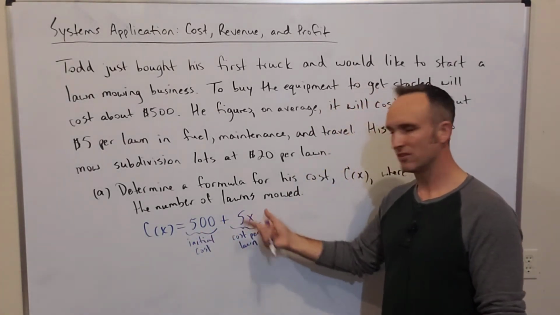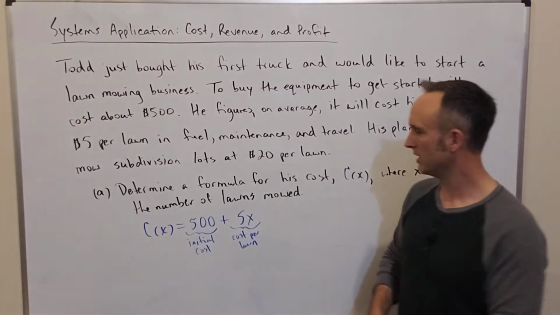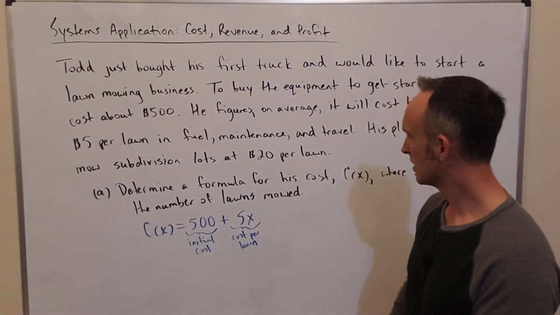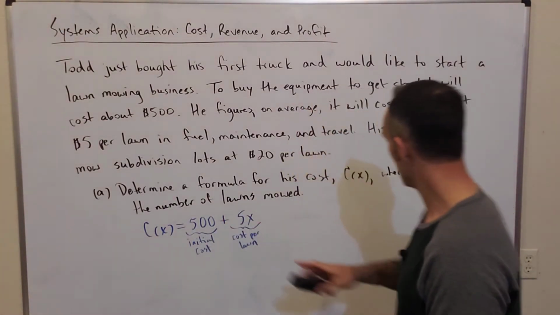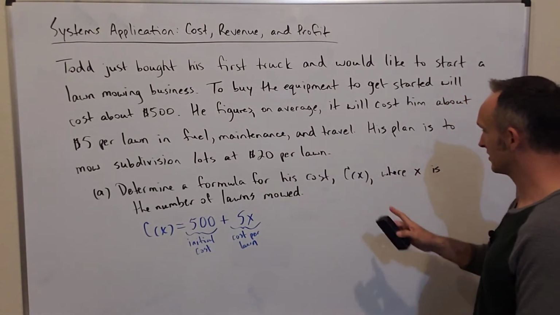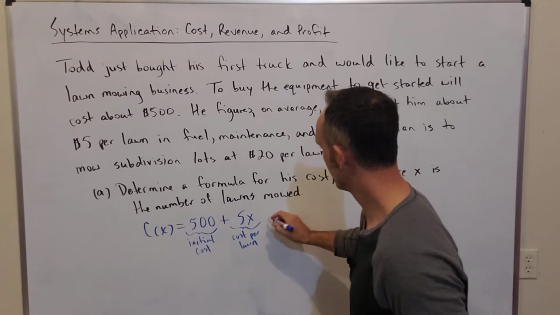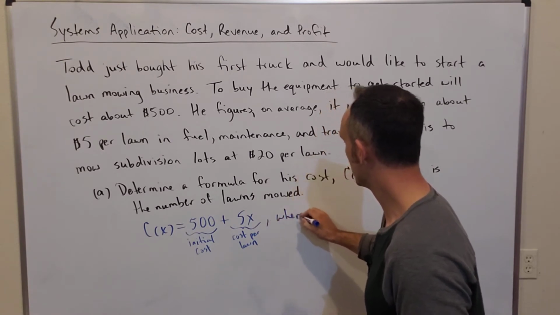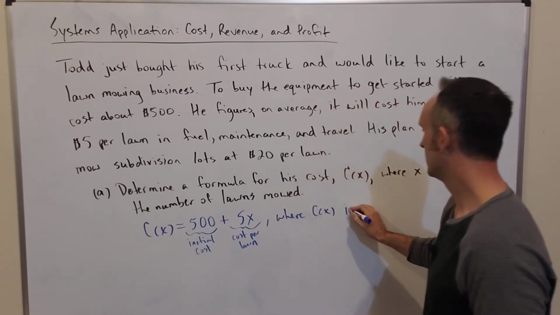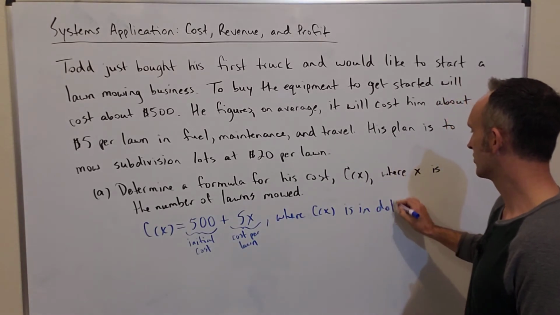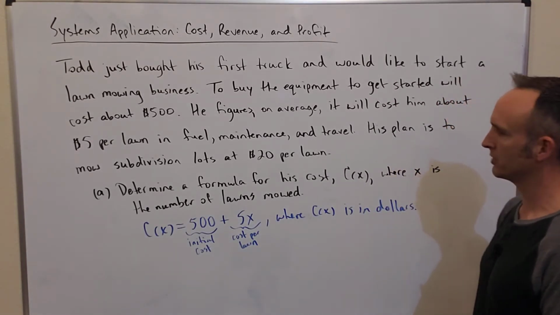This number changes. If he mows more lawns, it's going to cost him more money. So this is our cost function. All right, so I'll remember that: 500 plus 5x is his cost function. And of course, that's in dollars, right? So here, C of x is in dollars. That might be important to note.